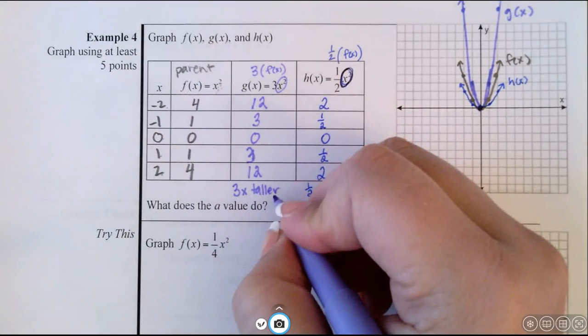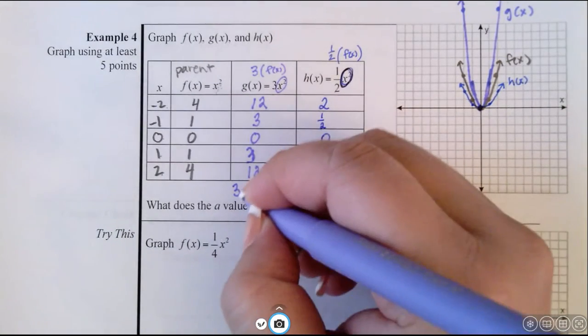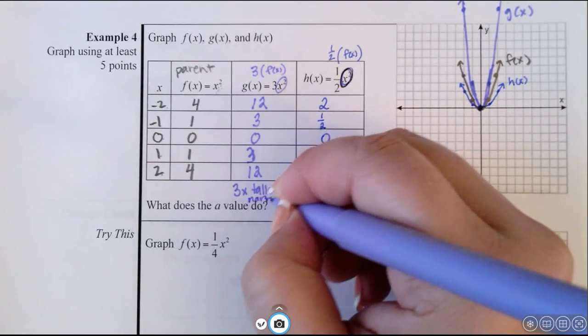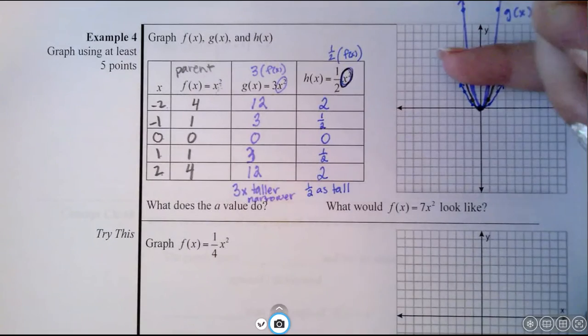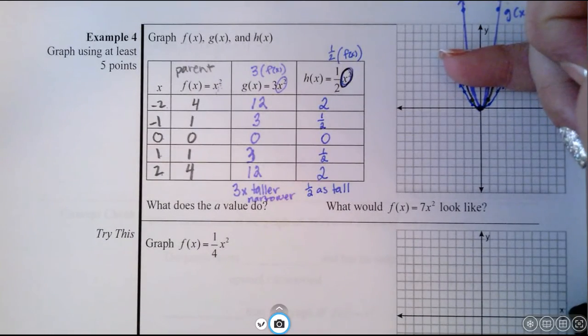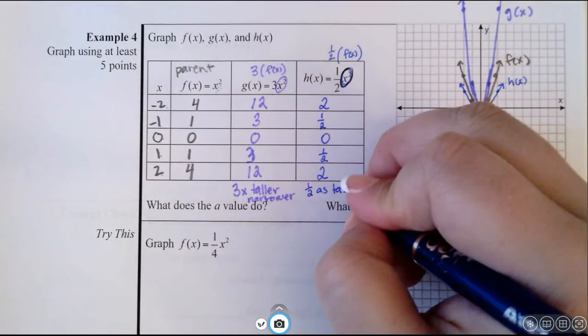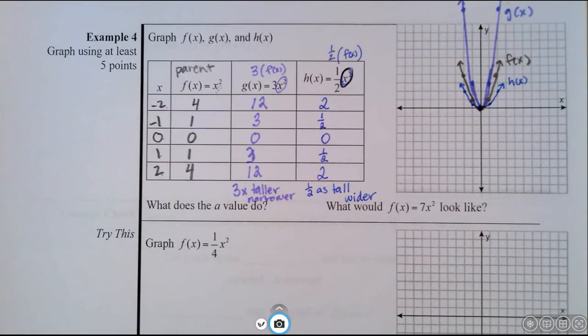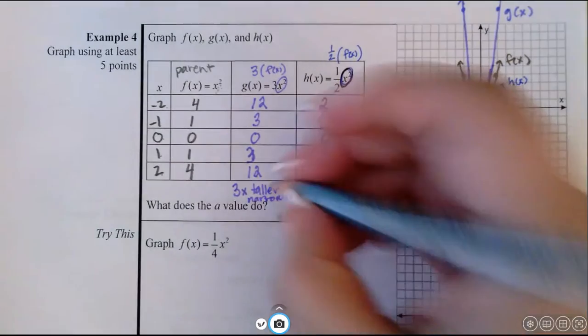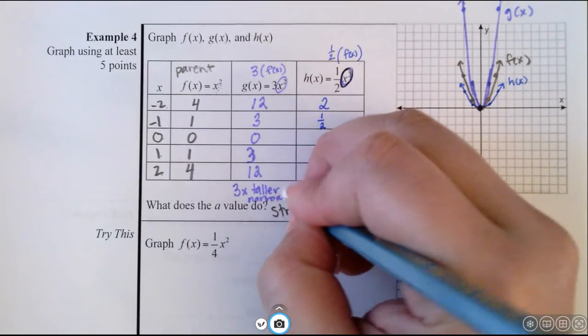So we can also describe this as narrower. And the blue one, looking at just the same height, looks wider. So we can also describe this as wider. Okay, so what does the a value do? It stretches.